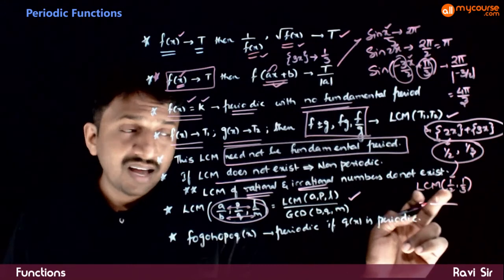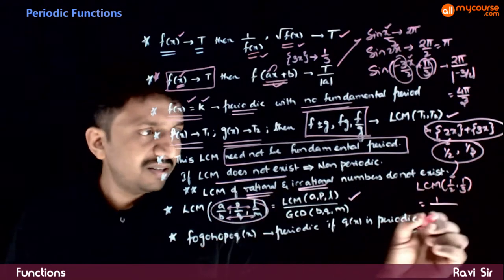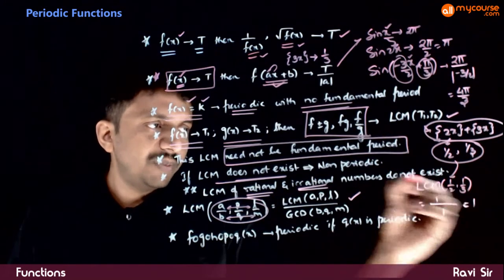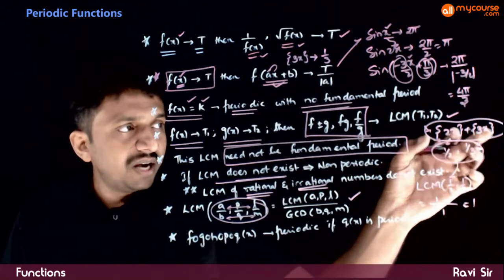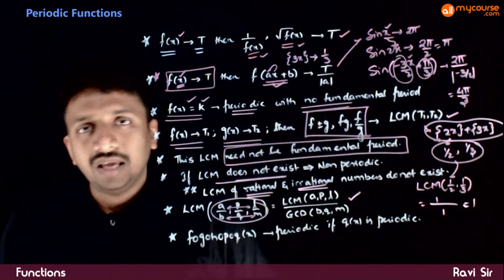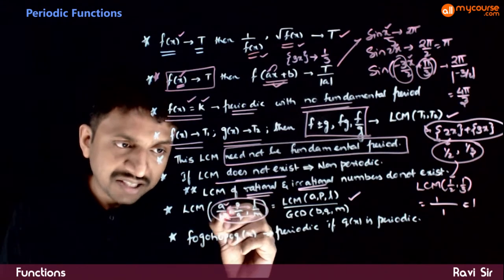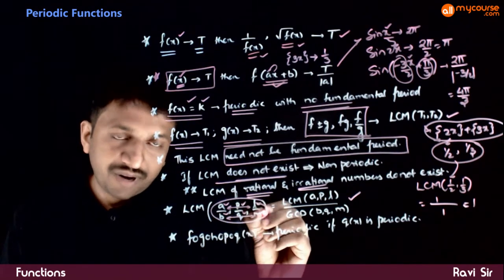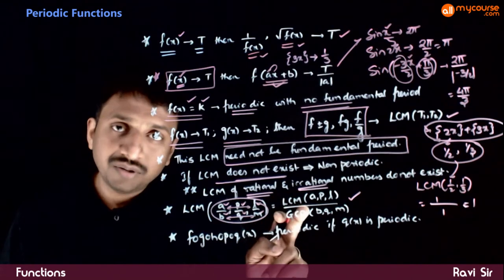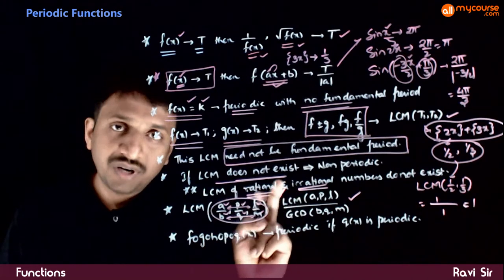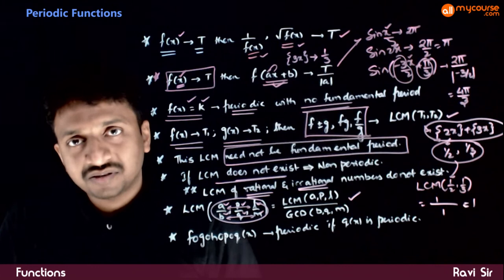What is the highest common factor of 2 and 3? 1. That means the period of this function is equal to 1. So if you want to do the LCM of fractions, the formula that you need to use is LCM of numerators by HCF of denominators.